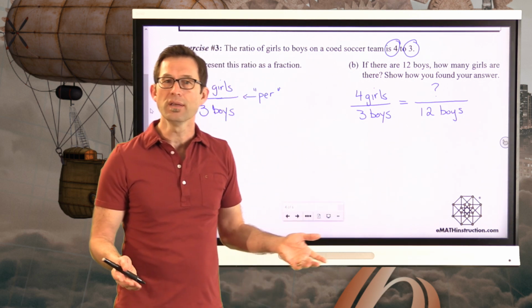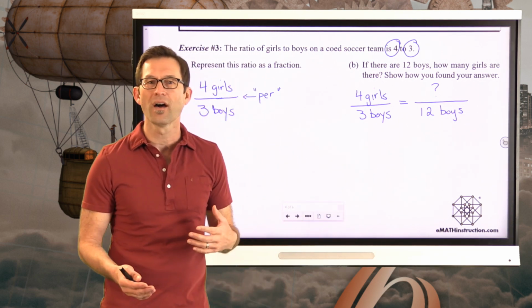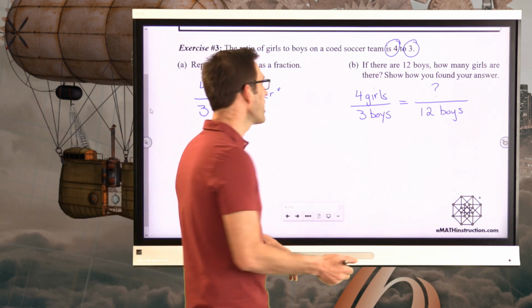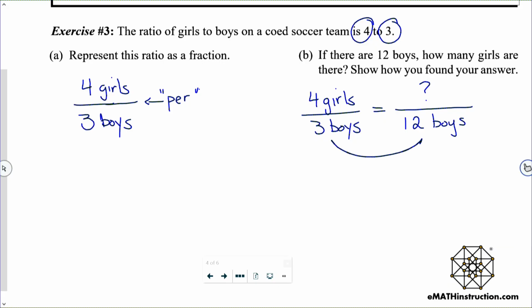And now it's relatively easy because I'm just thinking, kind of common denominators, what am I scaling by? Here, to go from 3 boys to 12 boys, I'd have to multiply by 4. And therefore, over here, I must also multiply by 4 to get that equivalent fraction, and I'd have 16 boys.